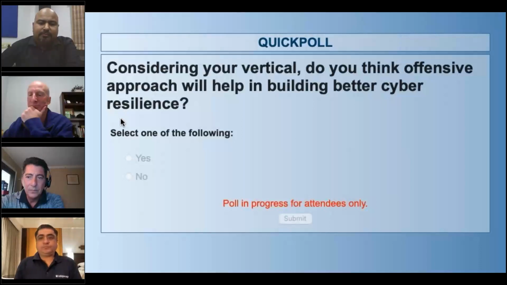And again, this is an either or. You either agree that offensive is maybe better to build cyber resilience, or you don't agree, not necessarily so. So if you can just indicate one response, we'll feed back to you what the audience's preferences are.